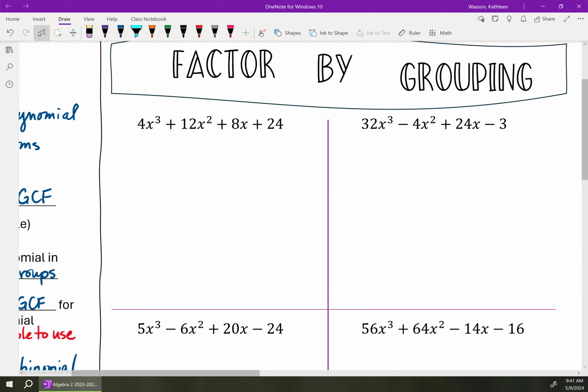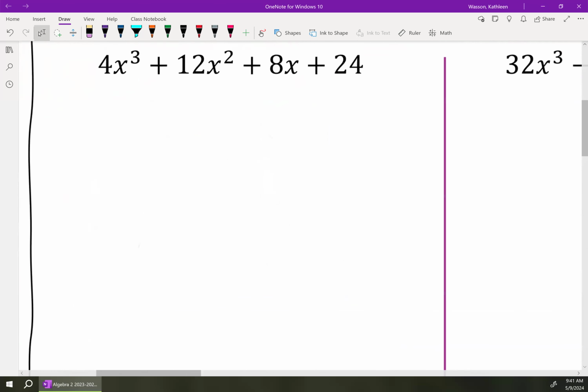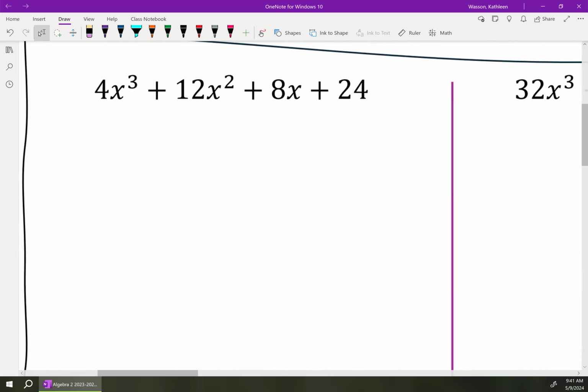So here I have an example, 4x cubed plus 12x squared plus 8x plus 24. And when I look at the entire polynomial, all of these coefficients and the constant, all of these numbers can be divided by 4. So first, I'll factor 4 out of everything and write my reduced polynomial.